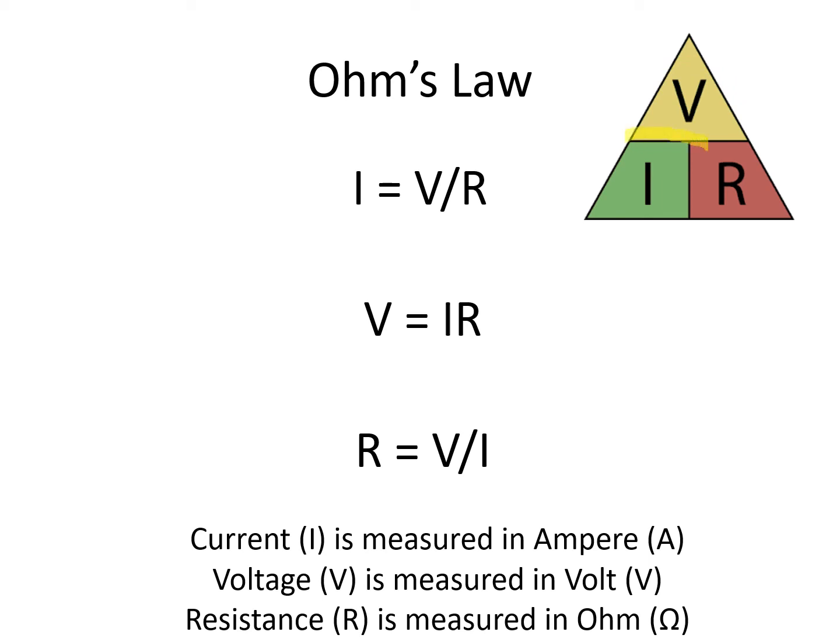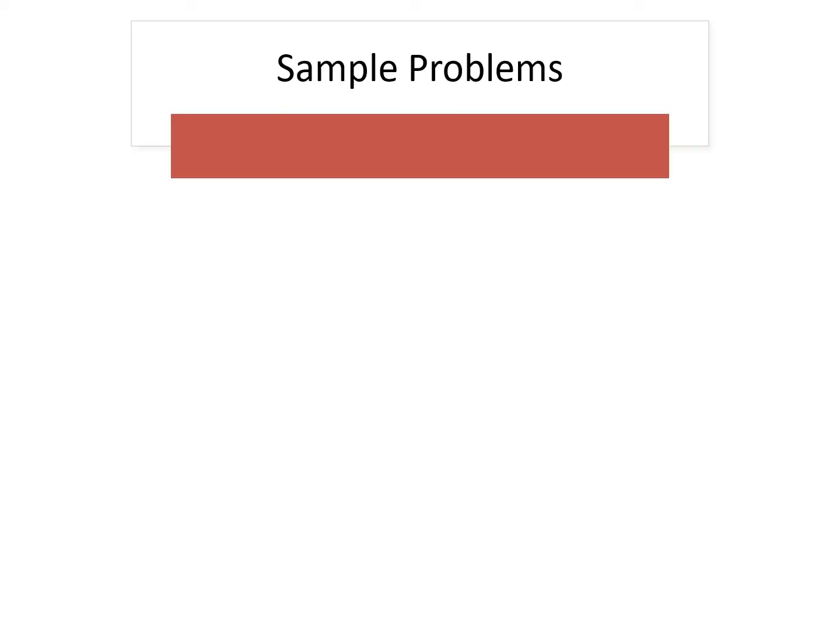If I is missing, it will be V over R. And if R is missing, it will be V over I. We can apply Ohm's law in the following sample problems.